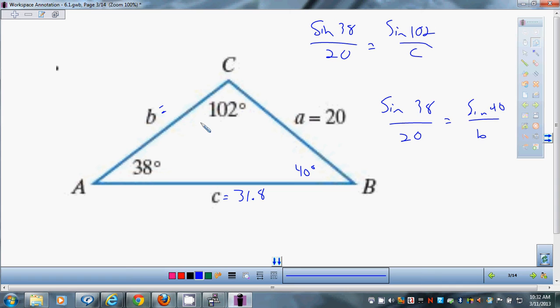Yeah, they'll always add to 180 degrees. And even though, in theory, you should be able to find an angle using the same method as finding a side, there's a problem with that, which we'll talk about tomorrow. So today, all the angles you'll be finding, you can just subtract. You won't have to use this formula for an angle. Yep. 20.9. And Justin was really darn close.